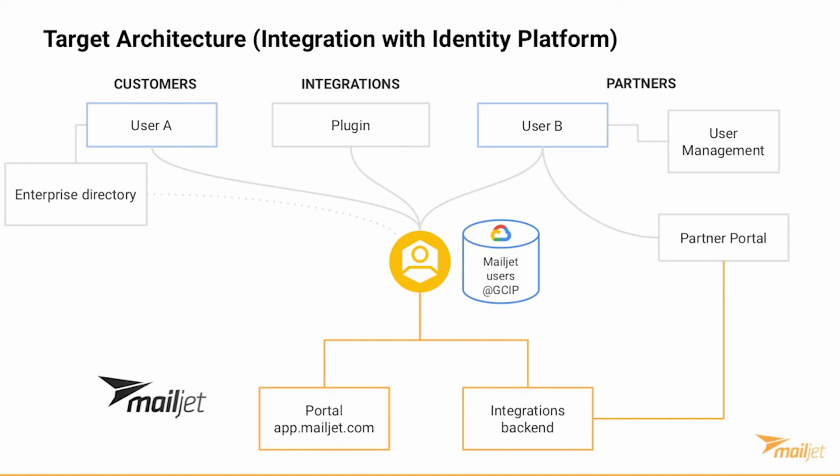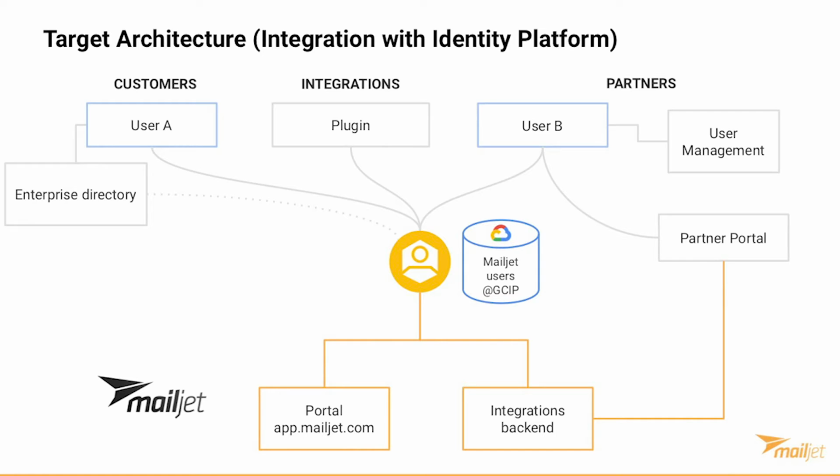So we still have to distribute tokens for our partner integrations. We still have to also have some lookups if we want to integrate with enterprise directories. I will talk about that later. But still, the system is much simpler.